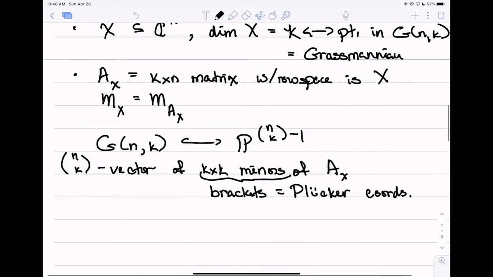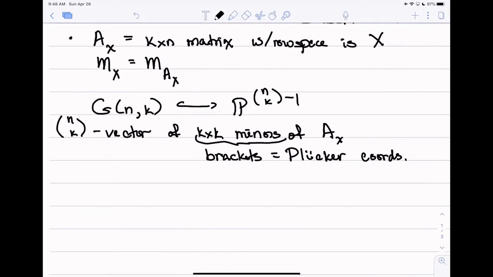All right, so now, where are we? Suppose I pick a point in my Grassmannian. So I have a k-dimensional subspace of C^n.